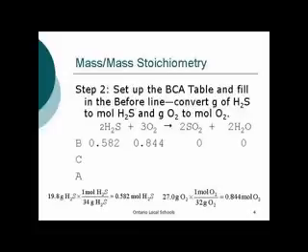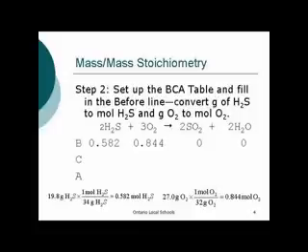So the first thing we want to do is take the grams of H2S and the grams of O2 and change them to moles, because if you remember, we only put mole quantities into a BCA table. So I show both conversions here, the 19.8 grams of H2S times the conversion factor of 1 mole of H2S over 34 grams of H2S.